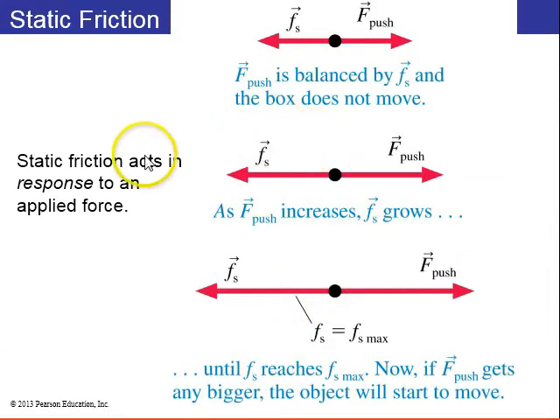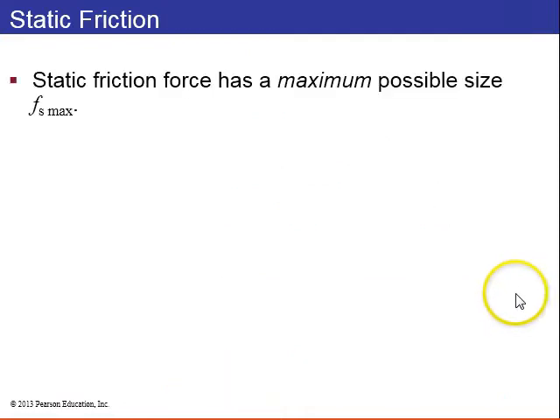So static friction acts in this case in response to an applied force. You've got the pushing force. If it's small, then there's a small amount of static friction. If it increases, then the static friction increases in response. Okay? And it can grow and grow until it reaches some maximum value when it will start slipping.